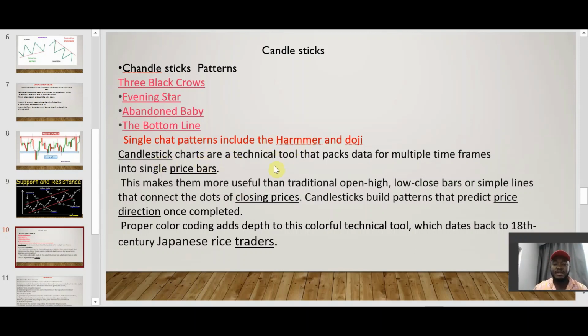Candlestick charts are technical tools that pack data from multiple time frames into a single price bar. This makes them more useful than traditional open, high, low, close bars or simple lines that connect the dots of closing prices. Candlesticks build patterns that predict price direction. Once completed, proper color coding is applied, and all these things, you know.